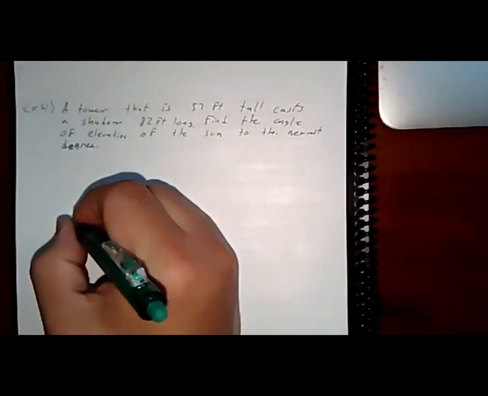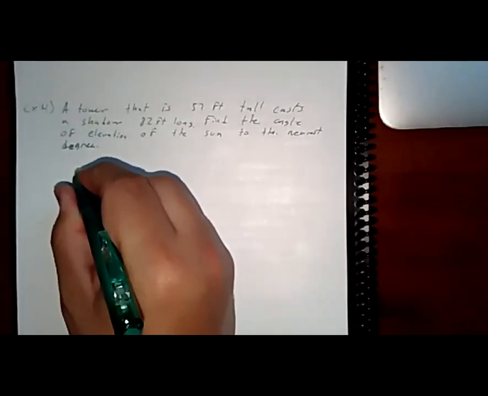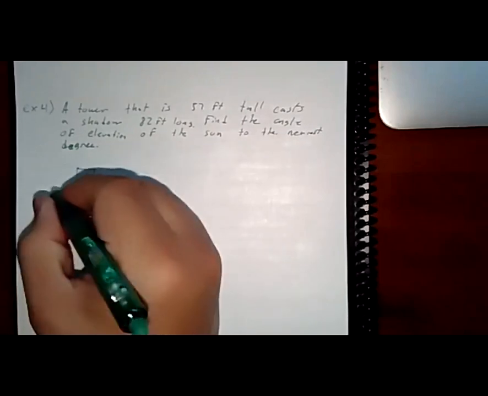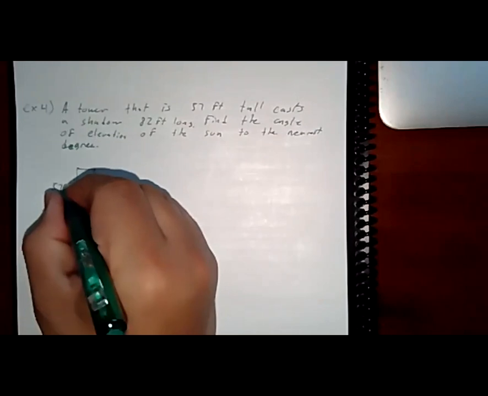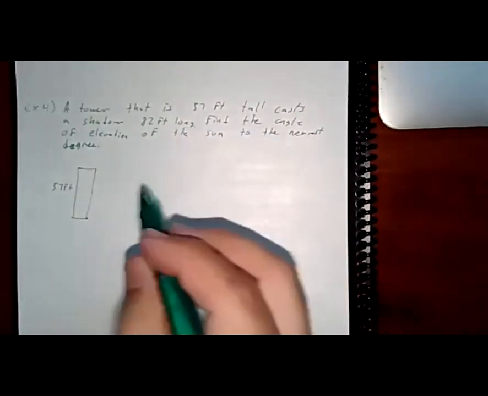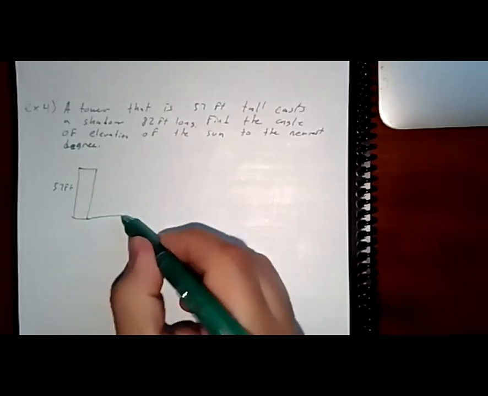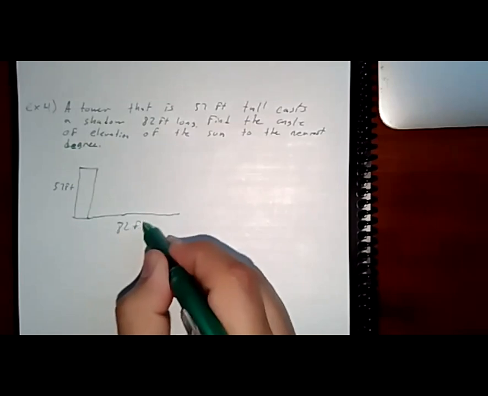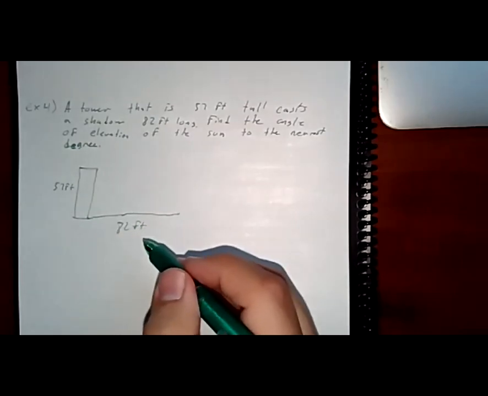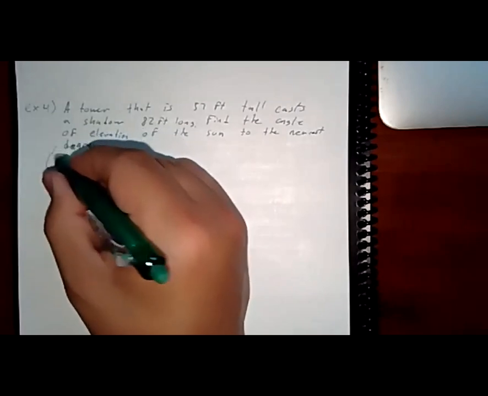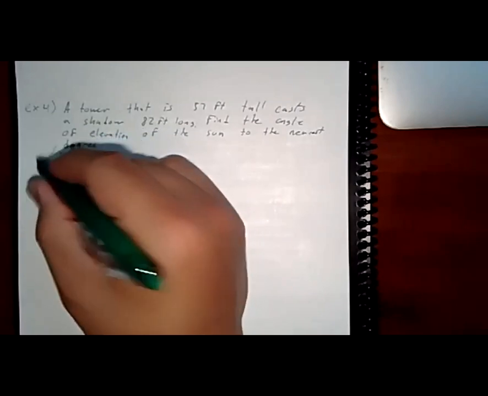So there's some tower, 57 feet tall, and it casts some shadow, 82 feet long. And let's say the sun's out here somewhere chilling out, casting the shadow.